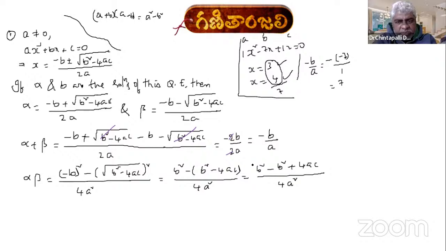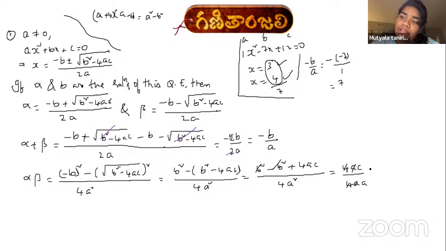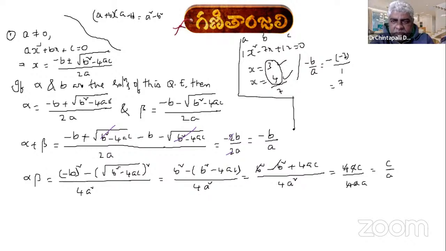Now minus b square plus b square cancels. We have 4ac by 4a square. 4a square means 4 times a times a, so 4 and a cancel. The answer is c by a. So the formula for the product of the roots is c over a, while the formula for the sum of the roots is negative b over a.